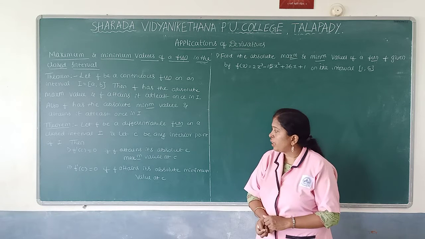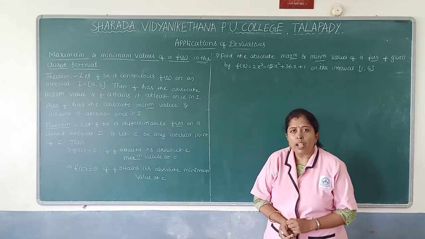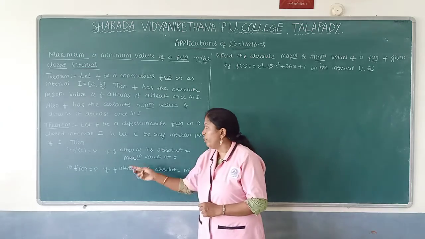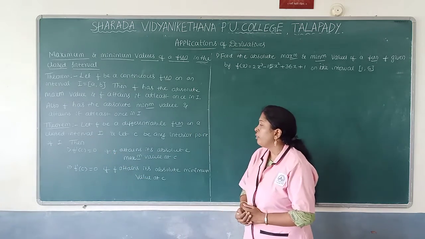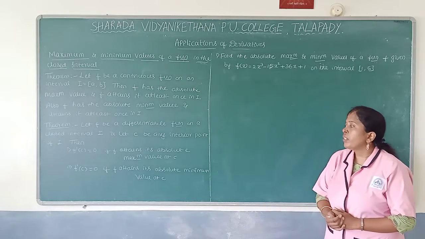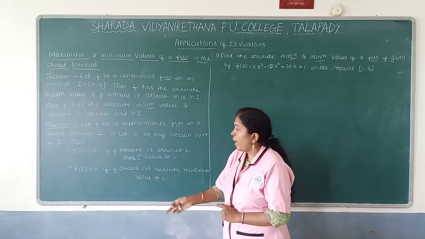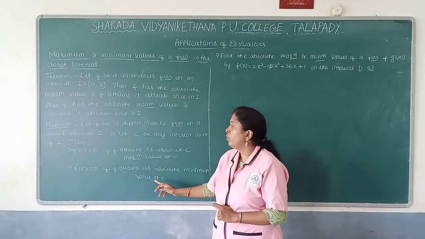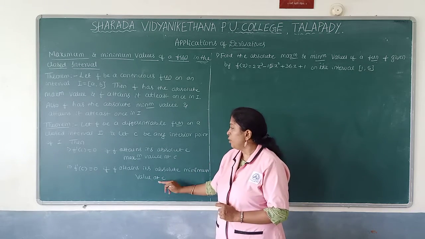Means f dash of c, for example, if you get the c value as a critical point, if you substitute, that statement shows f attains its absolute maximum value at c. F dash of c is equal to 0 if f attains its absolute minimum value at x is equal to c.